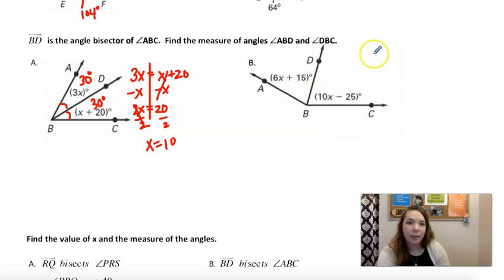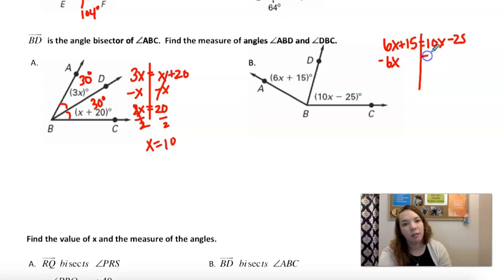Same thing here, same type of problem. So I'm going to subtract 6x from both sides. Add 25 to both sides.